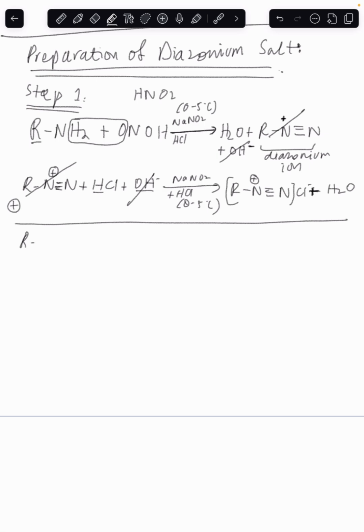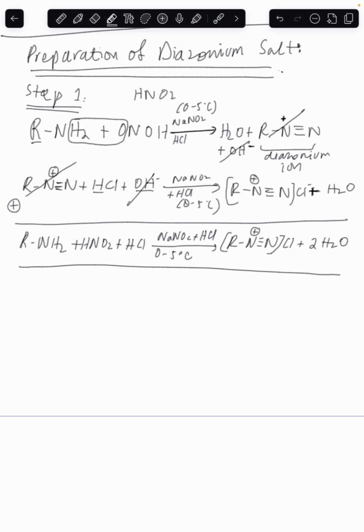So we will write that reaction as follows, or we could just write it as HNO2 plus HCl. The conditions are NaNO2 plus HCl at 0 to 5 degrees Celsius. It's going to form a diazonium salt and 2 moles of water. And this is the reaction that is present in the book itself.